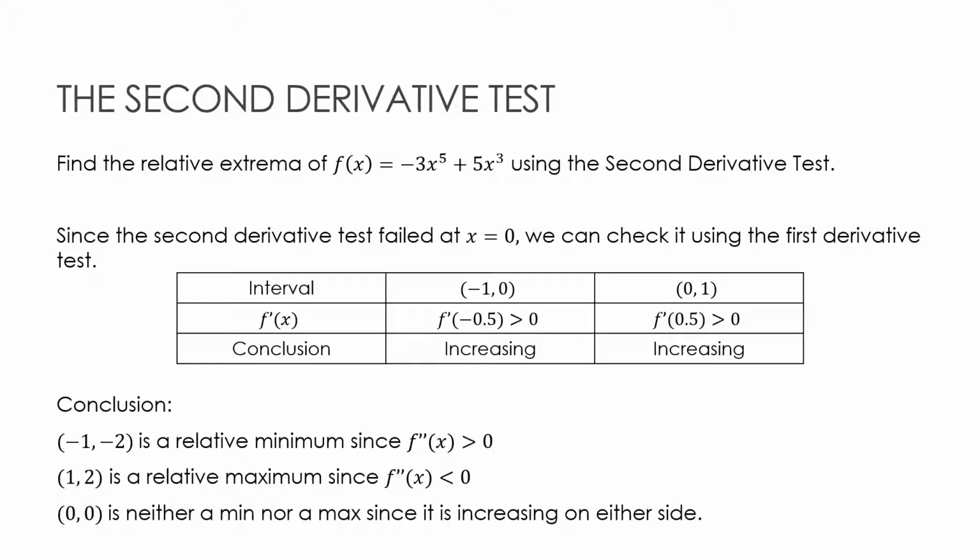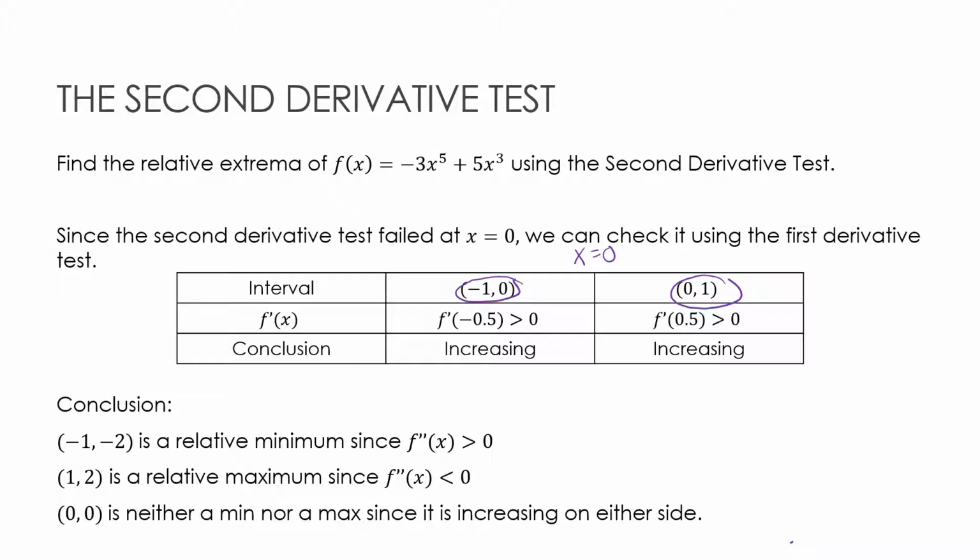Since the second derivative test failed at 0, we can check using the first derivative test. So let's remember how I did that. Here I would go from -1 to 0, and from 0 to 1. And again, I used 0 as that point because that was the point I wasn't sure. And the first derivative test is going to tell me if it goes from increasing to decreasing, it's a max, and decreasing to increasing, it's a min.